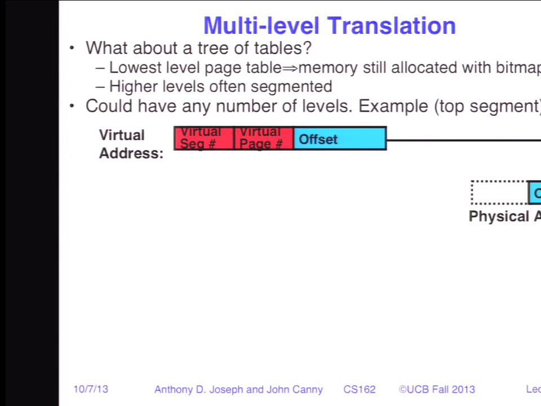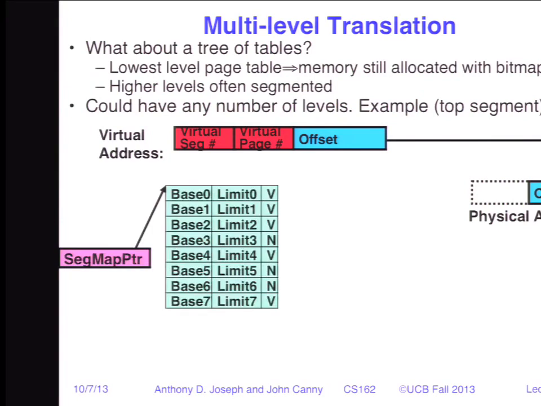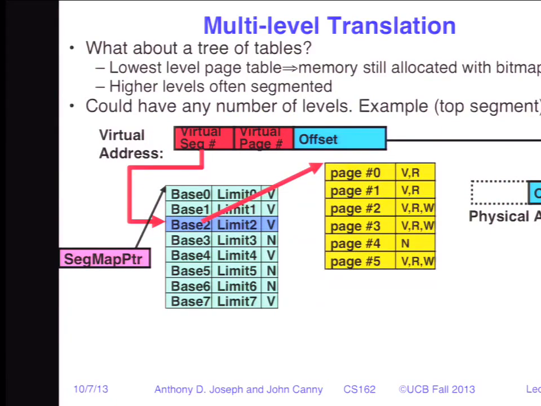So first, we need to find the appropriate page table. We're going to find that by looking up the virtual segment number first. So we take our segment map pointer, which is a register, which points to our segment map in memory, and we're going to index into that segment map with our virtual segment number. Okay, so we do that, and in this case, let's say it's the third entry. Right? So that now returns the location of a page table.